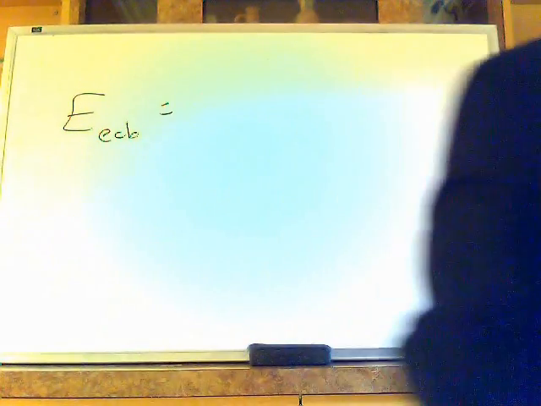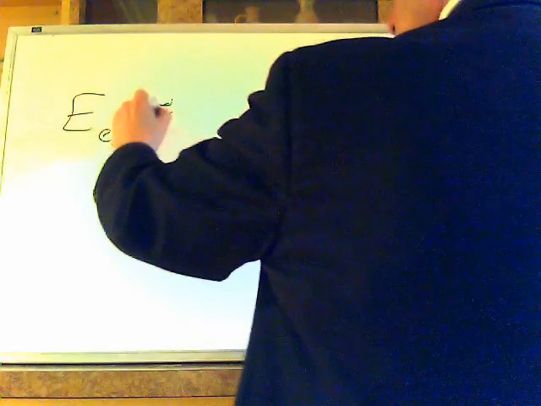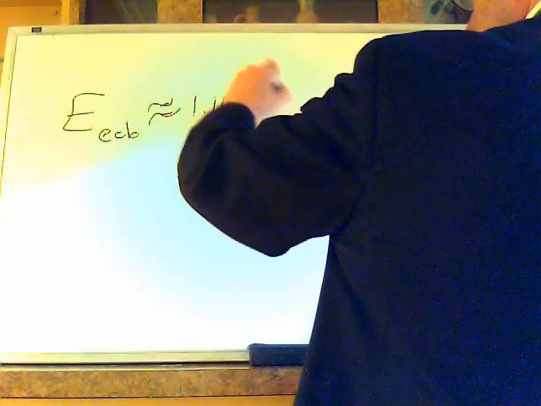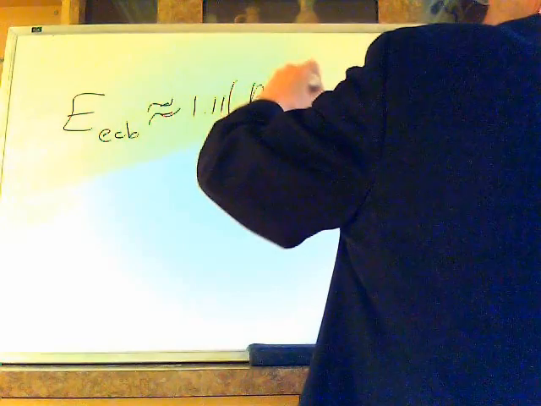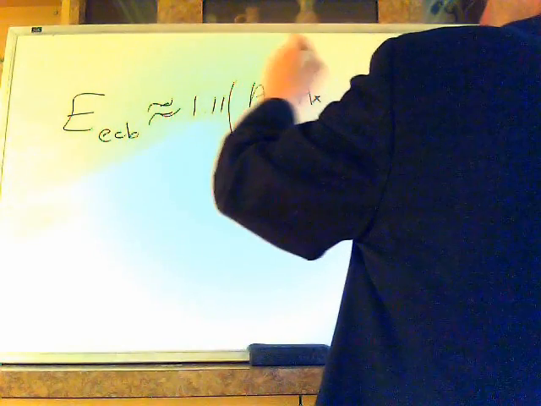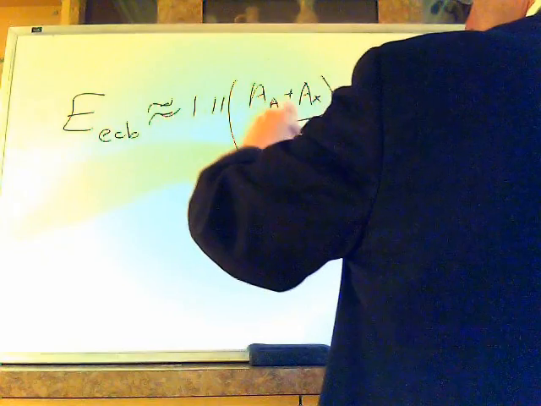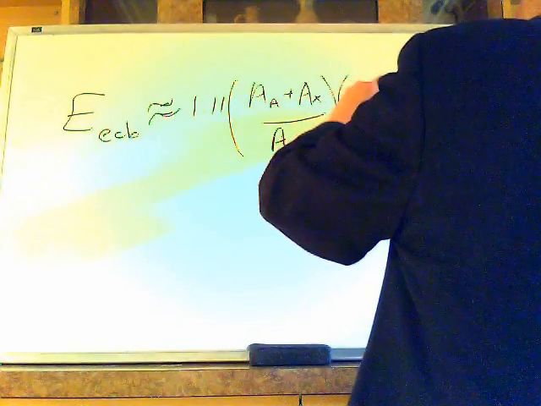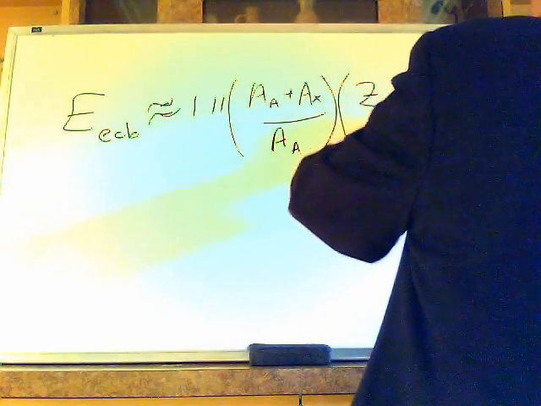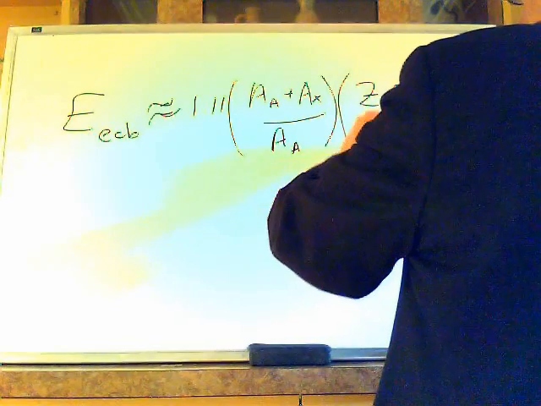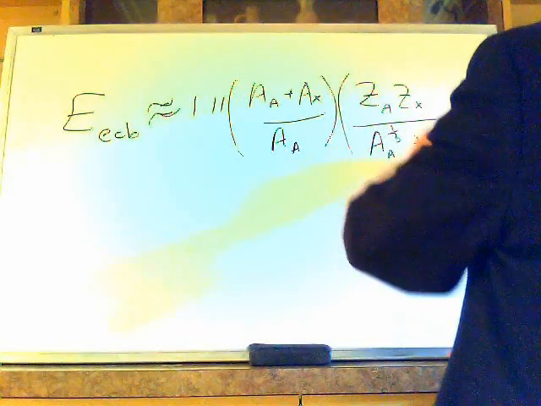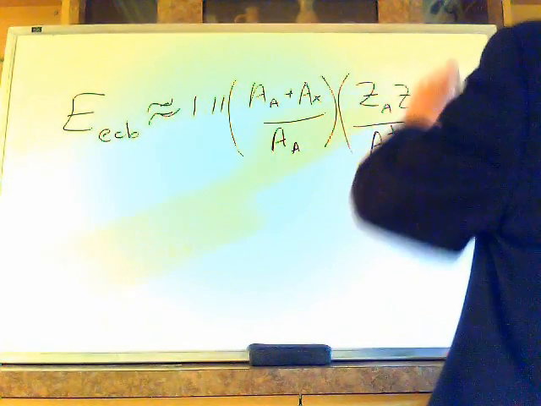And that's going to be approximately equal to 1.11 times the A sub A plus A sub X over A sub A times, again in parentheses, Z sub A, Z sub X over A sub A to the 1/3 power, plus A sub X to the 1/3 power.